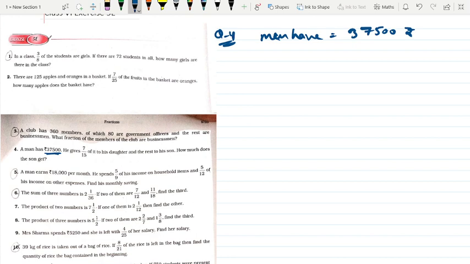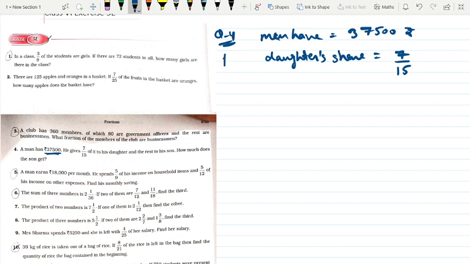So how much is the share of the daughter? Daughter's share is 7 out of 15. That means if the man has 15 rupees, then 7 will go to the daughter. Okay, now we can find out the daughter's share.